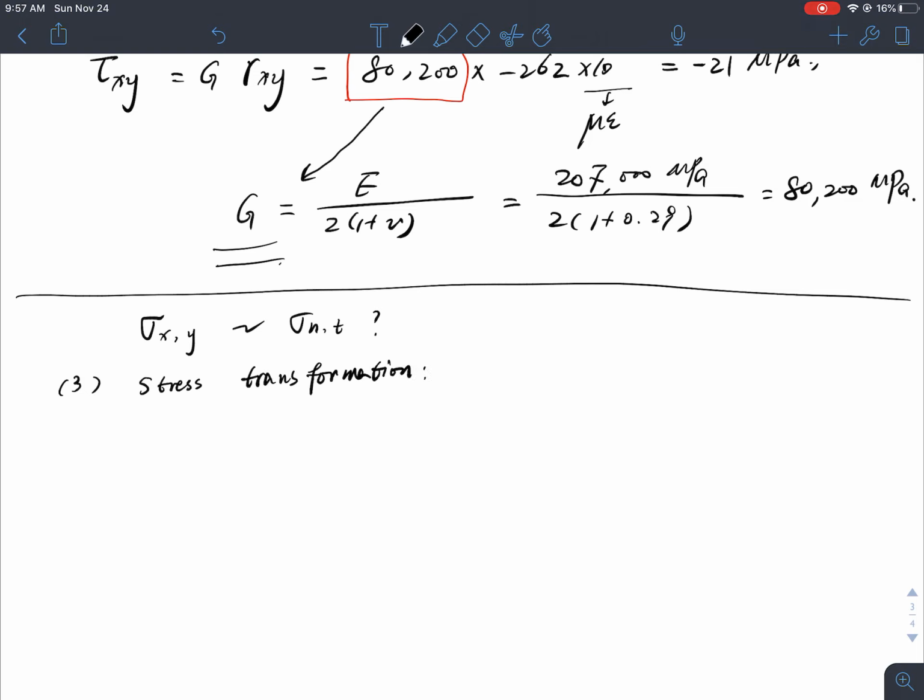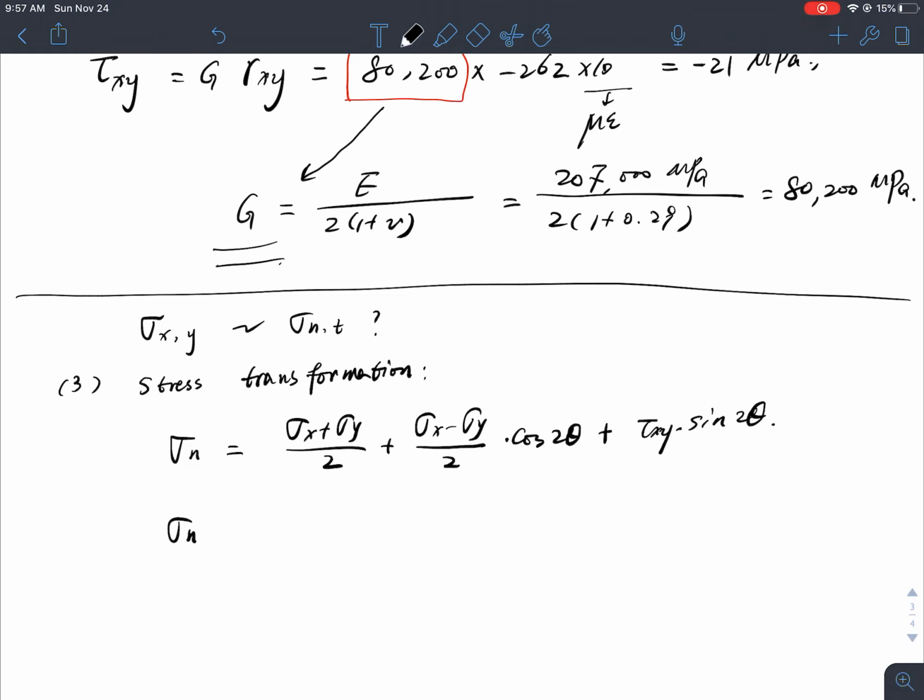In this, sigma n equals sigma x plus sigma y divided by 2, plus sigma x minus sigma y divided by 2, times cosine 2 theta, plus tau xy sine 2 theta.